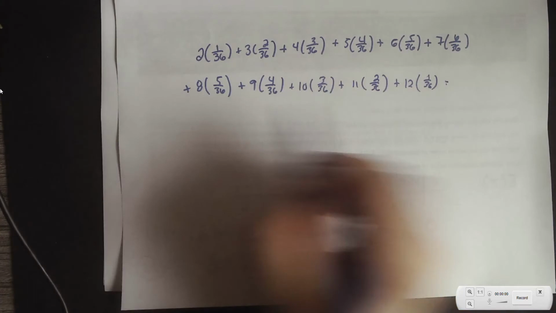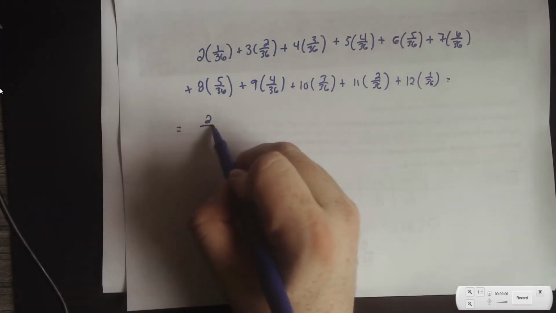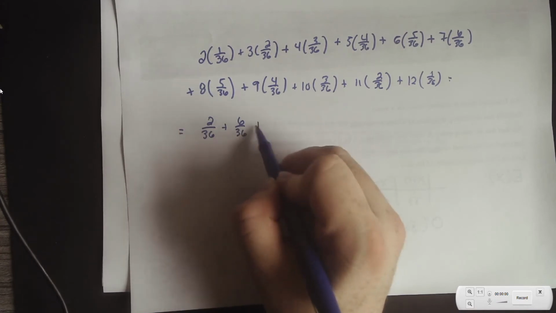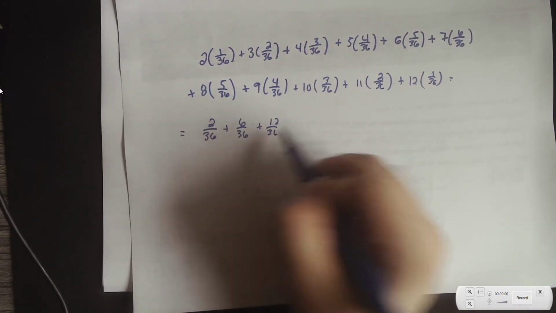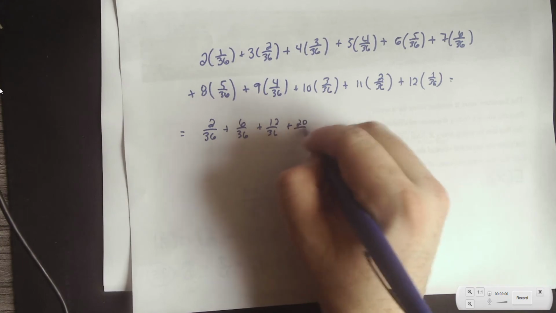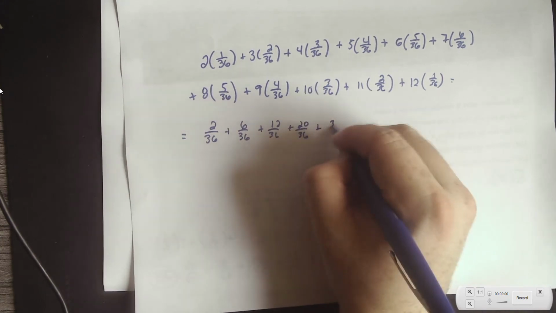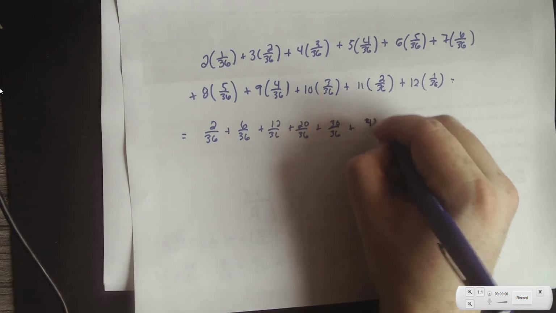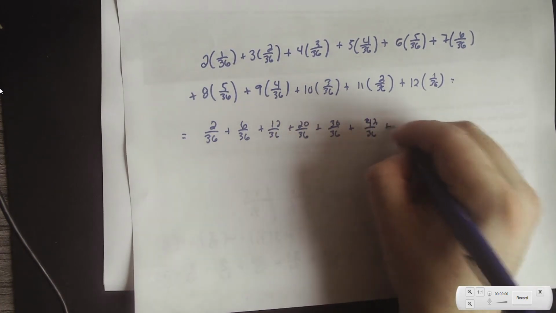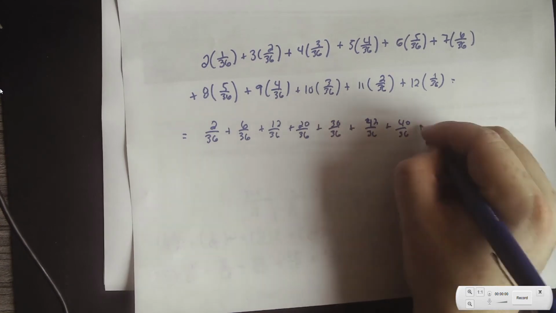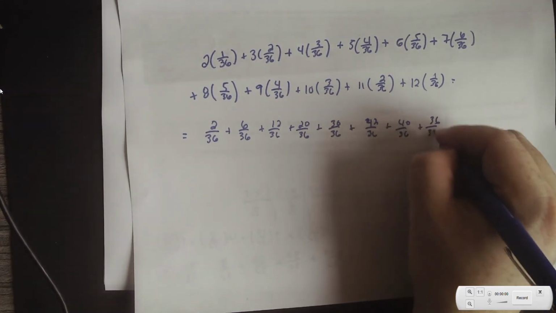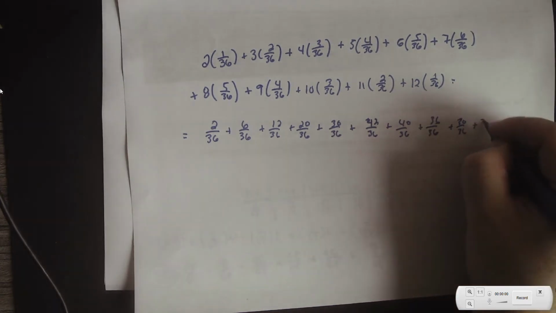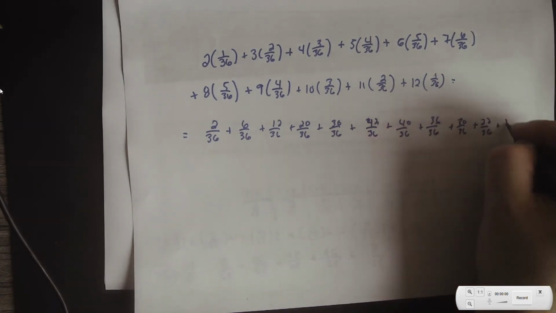which gives me, let's go down here, 2 over 36, 6 over 36, 12 over 36, 20 over 36, 30 over 36, 42 over 36, 40 over 36, 36 over 36, 30 over 36, 22 over 36, and 12 over 36.